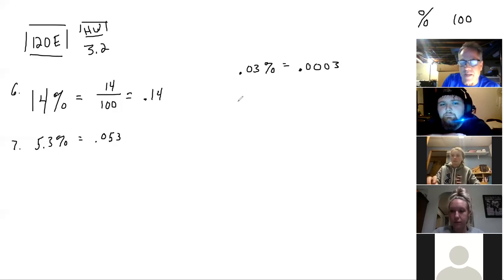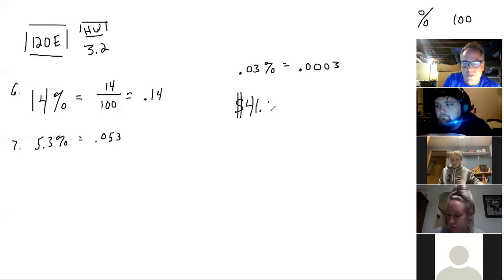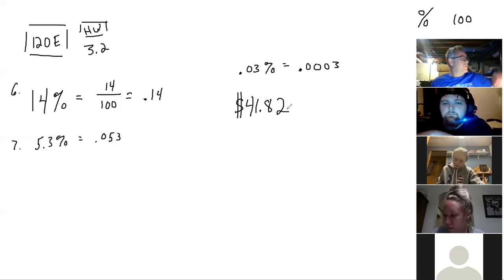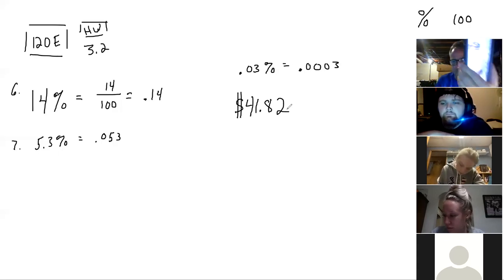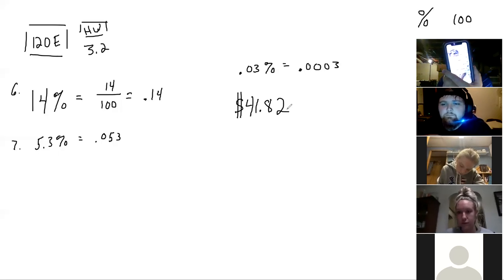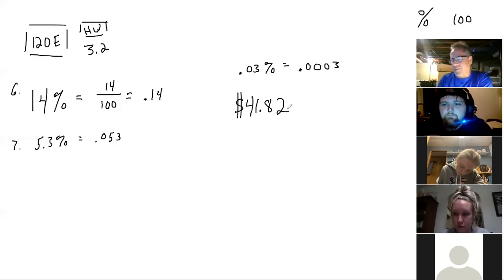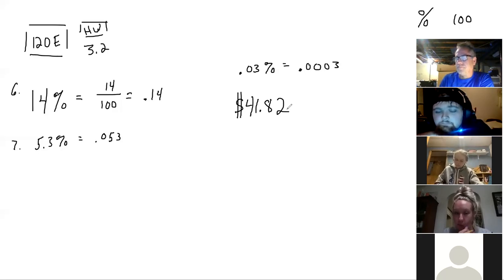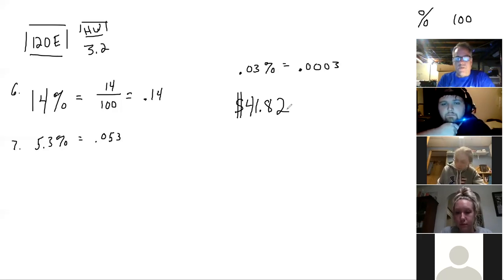But if I have to do that calculation and I had a bill of $41.82. So we all have these now, right? Like a phone. And on the phone, you've got a calculator, right? So you can grab that calculator and do this.